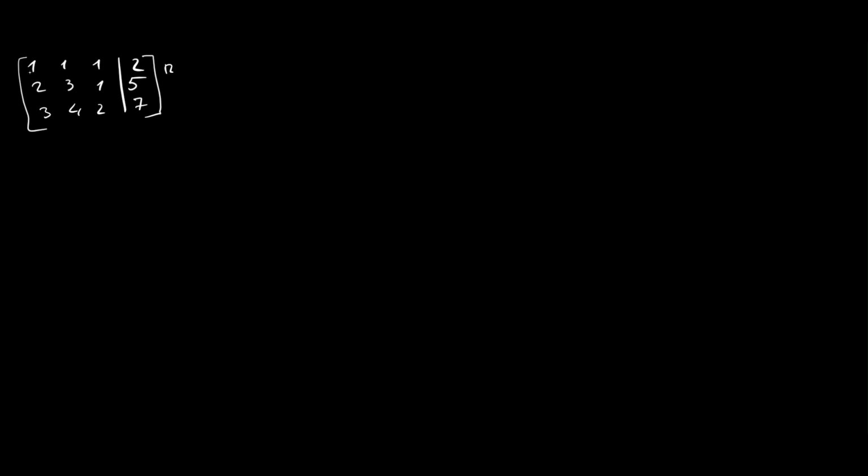Okay. So in the first row, we have 1 as a pivot number, so that is good. Then we're just gonna get rid of the numbers below. We have to turn them into zeros. So we're just gonna subtract row 1 from row 2 and row 3. And this is what we get.